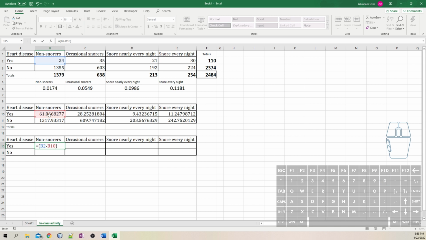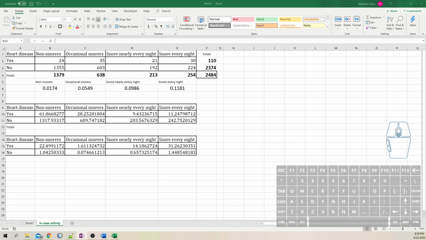And we're going to square that number. And then we're going to divide that by the expected count, 61 point whatever, again. Hit enter. And that's a number that we have. Right. So now I can just paste this all the way. These are all the values that I would get from that next calculation.